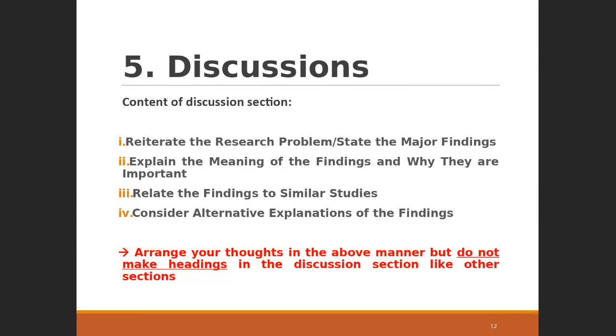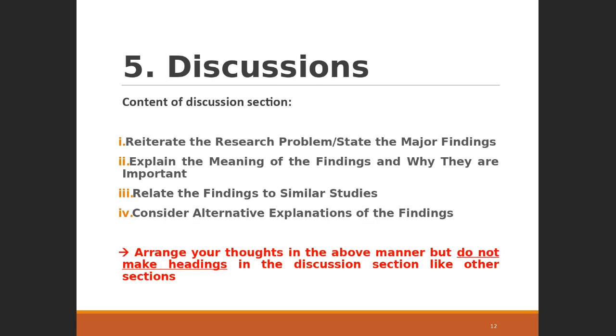So the discussion will always focus on interpreting the significance of your findings. The discussion section clearly explains how your study advanced the reader's understanding of the research problem. But it does not simply repeat or rearrange the first parts of your paper.